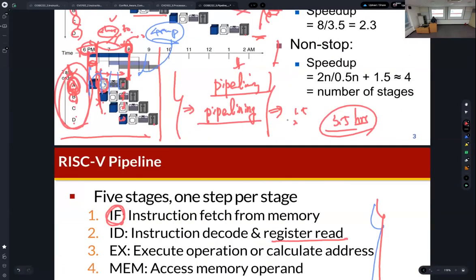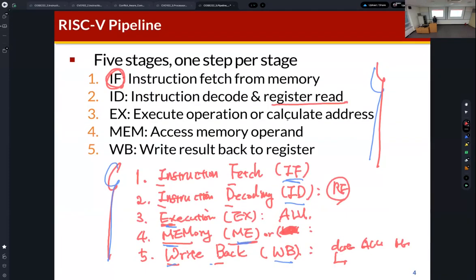So about pipelining: I explained that in the single cycle processor architecture, the problem is the delay of the data path. We need to accumulate the delay of each data path element, and the delay is so long.